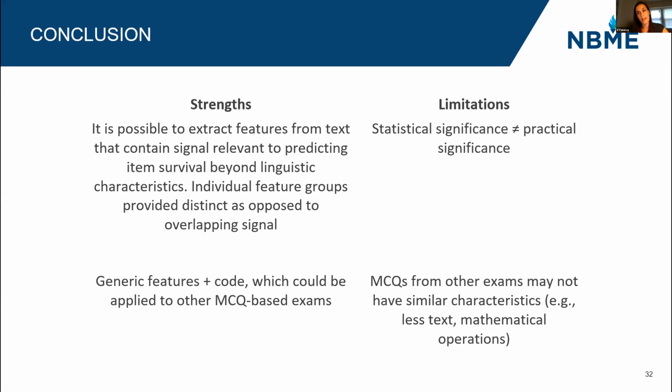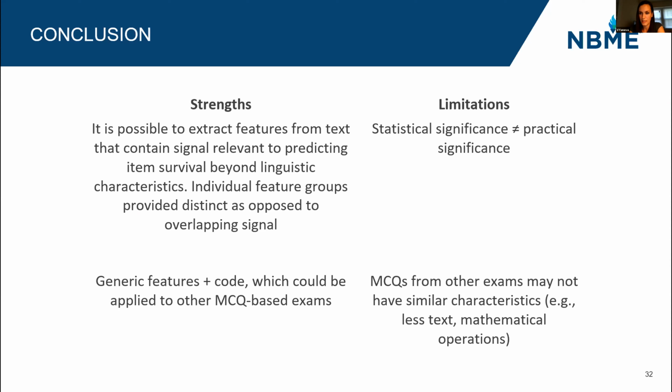And to sum up, the strength of this model is that it shows it is possible to extract features from text that contain signal relevant to predicting item survival, and that this is done beyond surface linguistic characteristics. And even though the different feature groups provide weak signal, this is a distinct type of signal for each feature group rather than an overlapping signal.